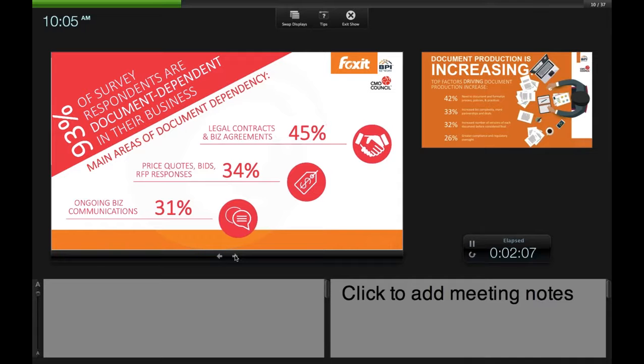And we also asked what areas of their business, what types of documents were most critical to their business. The first two types of documents are transactional, legal contracts and business agreements, and then sales-related documents, price quotes, bids, RFP responses, and then about a third said they were dependent on documents for ongoing business communications.